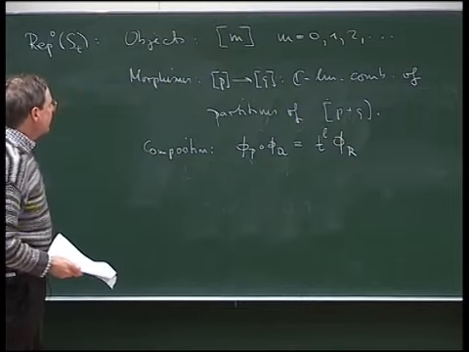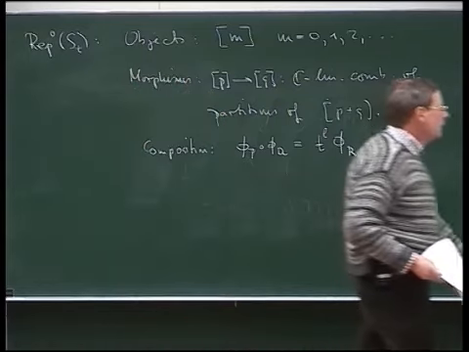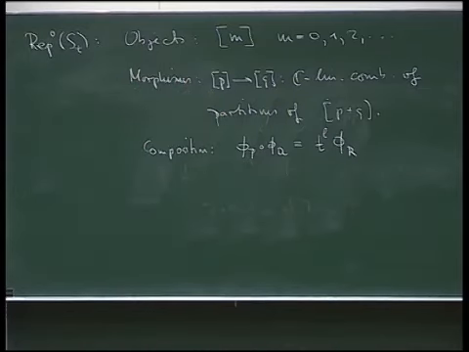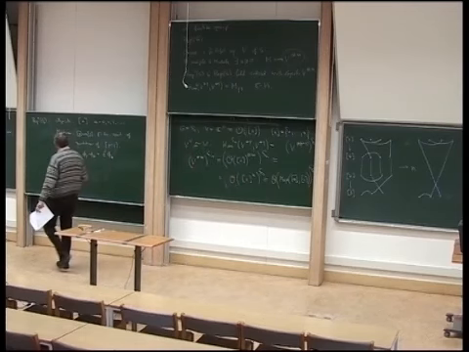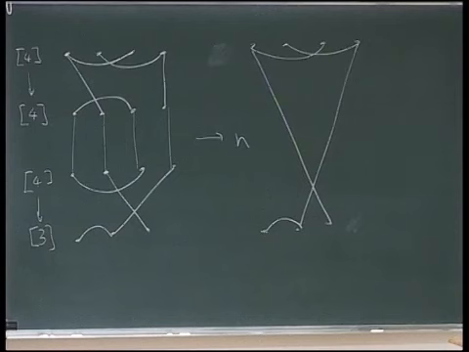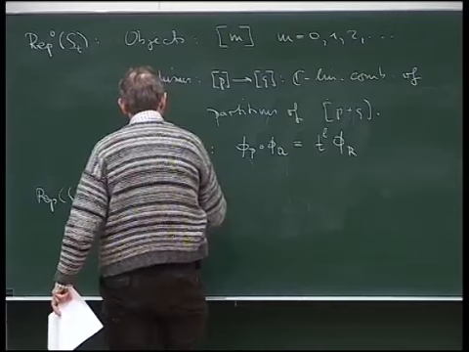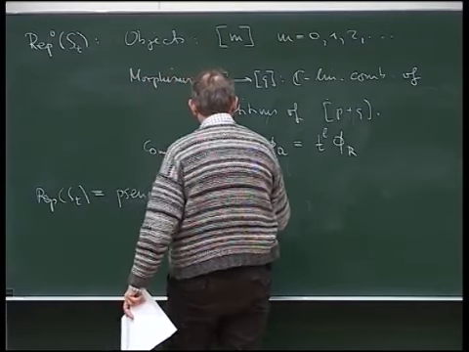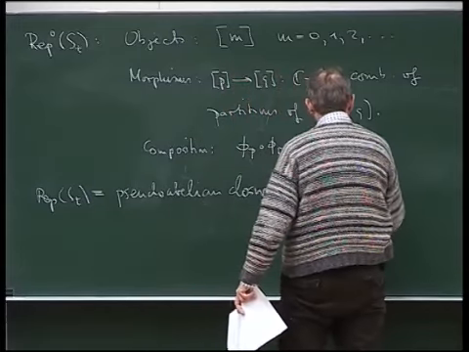And by the way, this is a tensor category, where the tensor product is you take just a bunch of dots, then another bunch of dots, and put them next to each other. And now Rep S_t without the zero is what is called the pseudo-abelian closure of Rep_0 S_t.